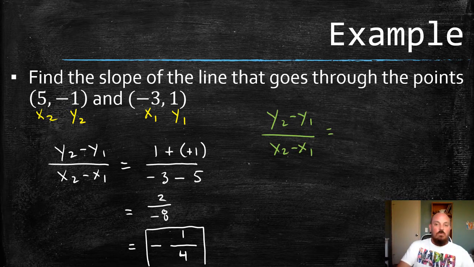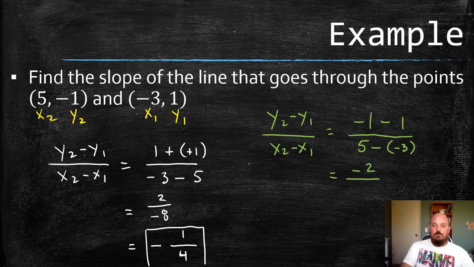So this time, when I'm looking back, y2 is negative 1 minus y1, which is positive 1 this time, and it's all over x2, which is 5, minus x1, which is negative 3. So this time on top, I get negative 1 minus 1, which is negative 2.